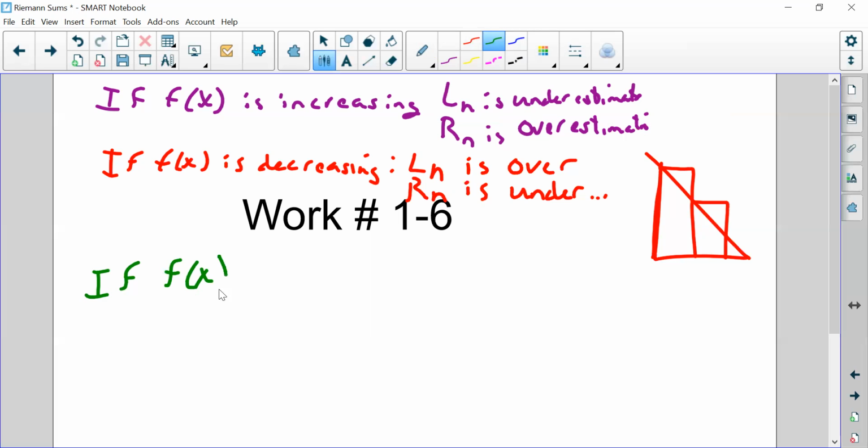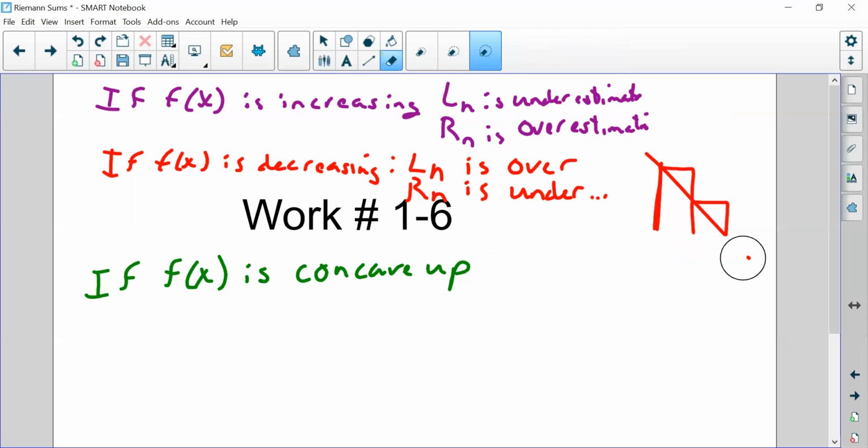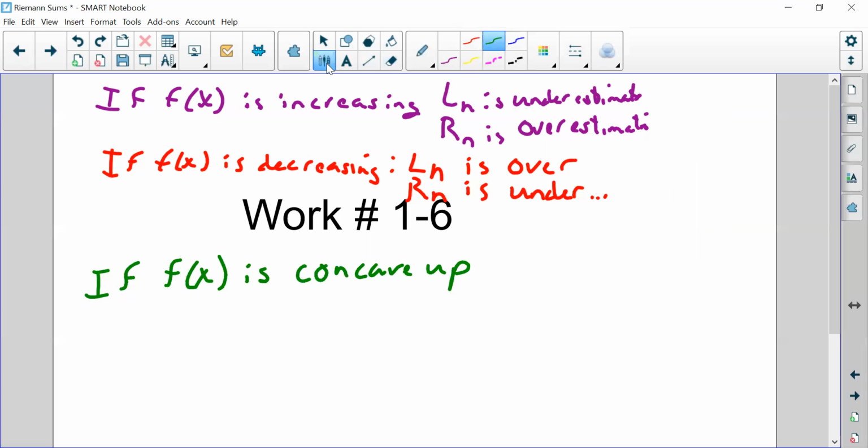If f of x is concave up, let's see if we can figure out the rule for this one.